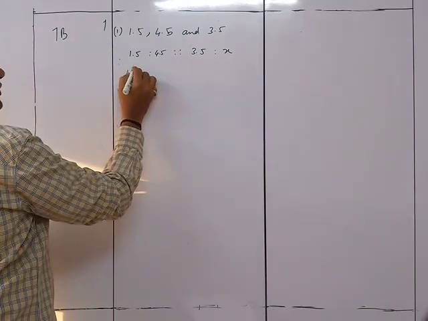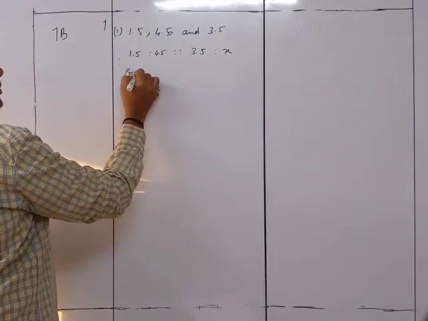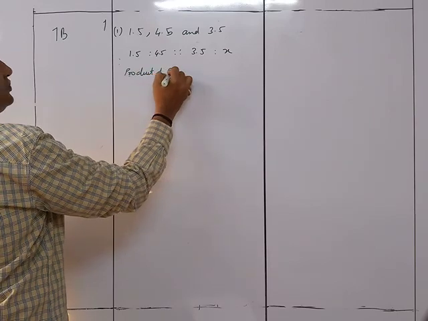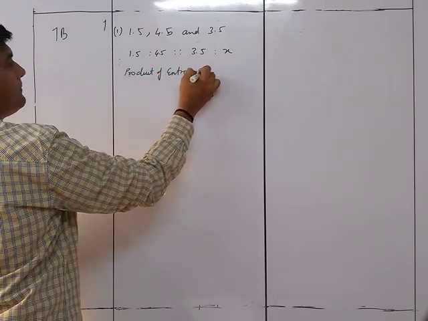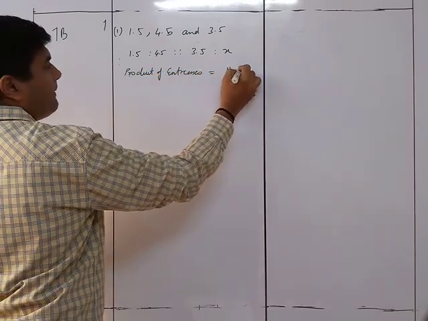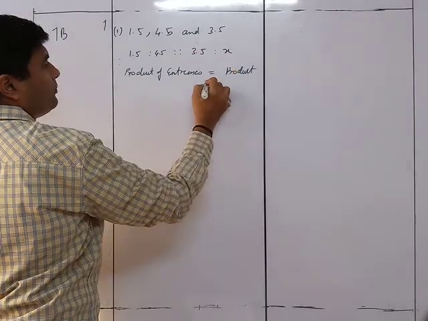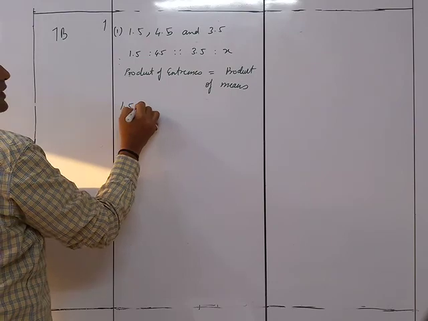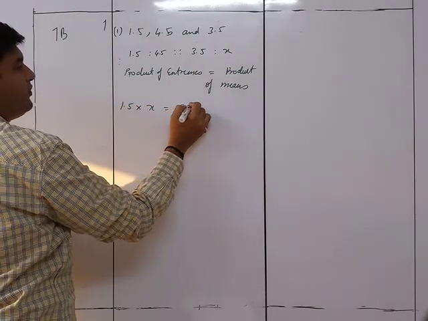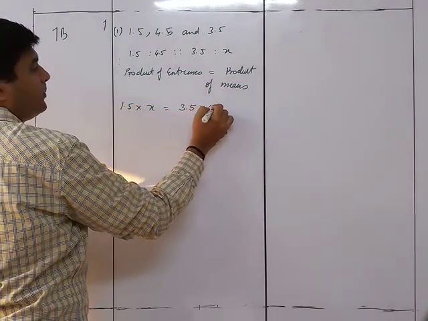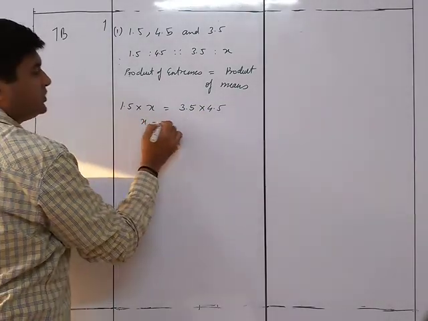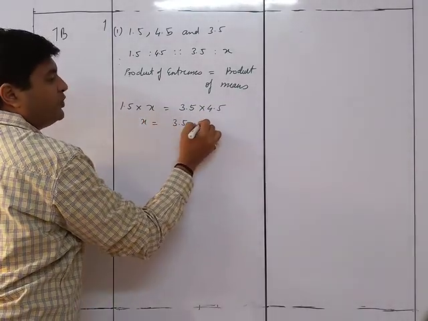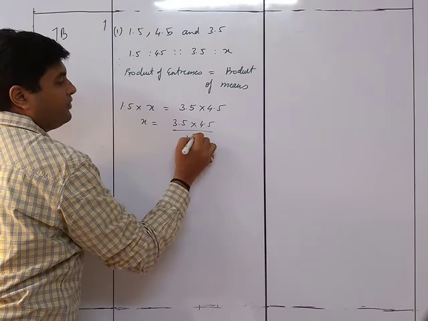Product of extremes is equal to product of means. Hence we get 1.5 into x is 3.5 into 4.5. X is equal to 3.5 into 4.5 upon 1.5.